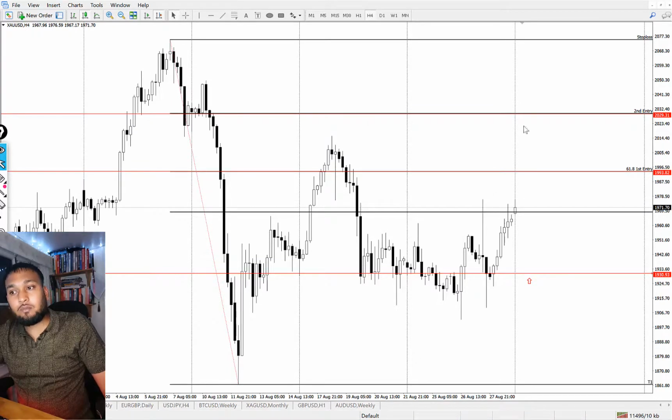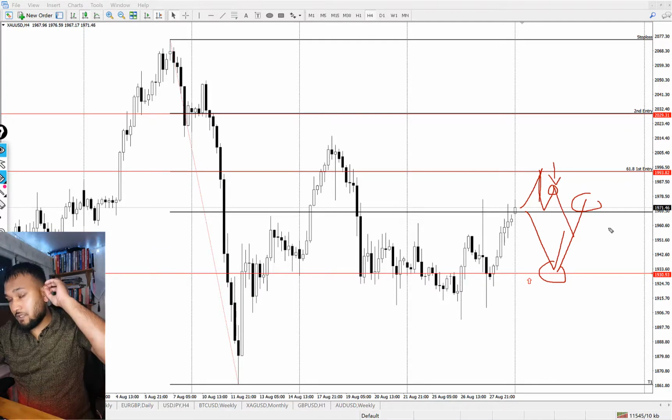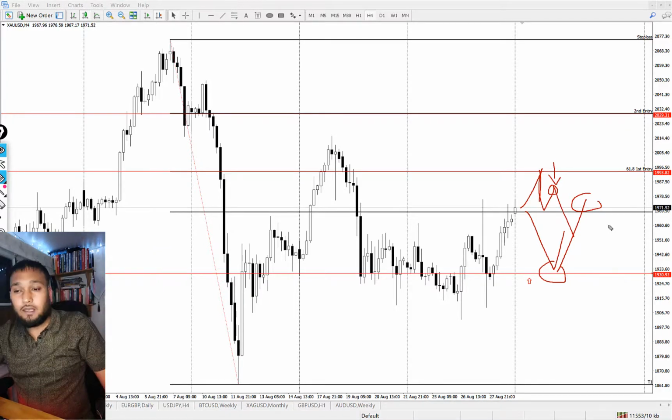Any pullback up into these highs followed by price action, ideally we want to see some rejection off of the level, so we want to see price come up, reject it, pull back, and then hopefully look for some shorts, and hopefully we can look for shorts whilst we're even long. If we can get a pullback first whilst we're long, and then look for shorts, that would be nice. That way you can hedge the position and lock in some profits. Okay, that's gold.